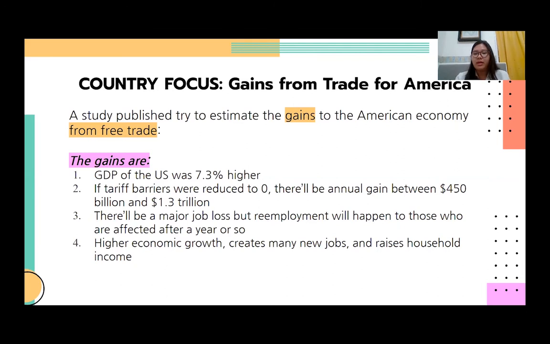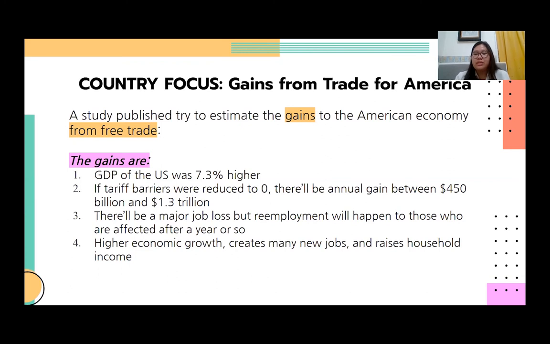The study also states what would happen if America ended its trade barriers with all its trading partners, reducing tariffs on all goods and services to zero. The study concluded that additional annual gains of between $450 billion and $1.3 trillion could be realized.